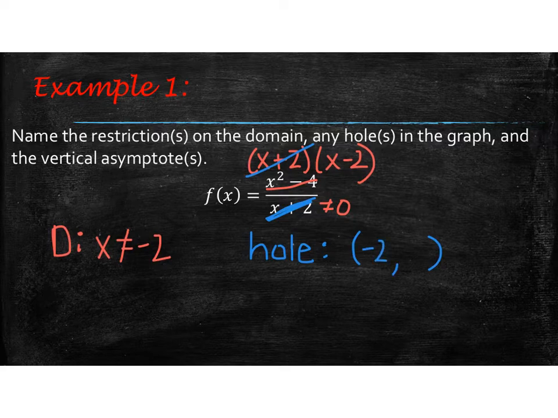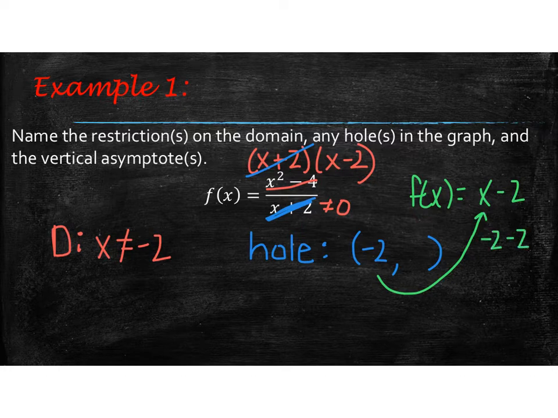Now, my simplified fraction is now just f of x equals x minus 2. So I'm going to take this x value and plug it in here. So this is negative 2 minus 2, which equals negative 4. So the negative 4 is my y value.